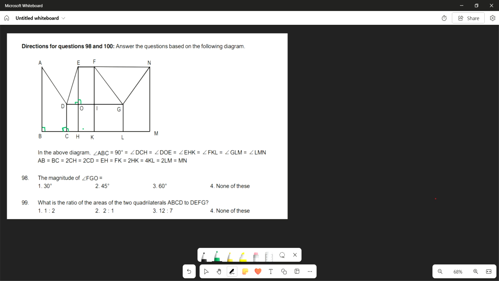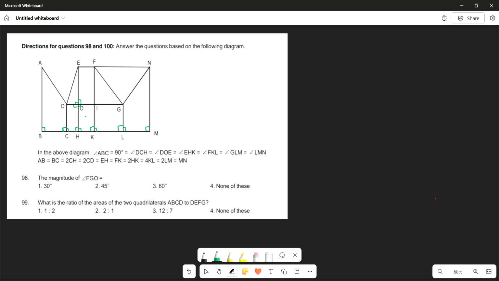EHK is 90 degrees, so this is also 90 degrees. FKL is 90 degrees, so this is also 90 degrees. GLM, so definitely this is also 90 degrees. And LMN, this is 90 degrees, so this will also be 90 degrees.